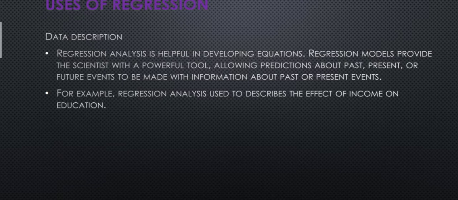Kita tak boleh predict X. X data yang ada, we can predict about Y. So we can predict income in this case lah contohnya, if we have the education level of a person. Okay, itu adalah example untuk regression analysis when we create the model for regression.